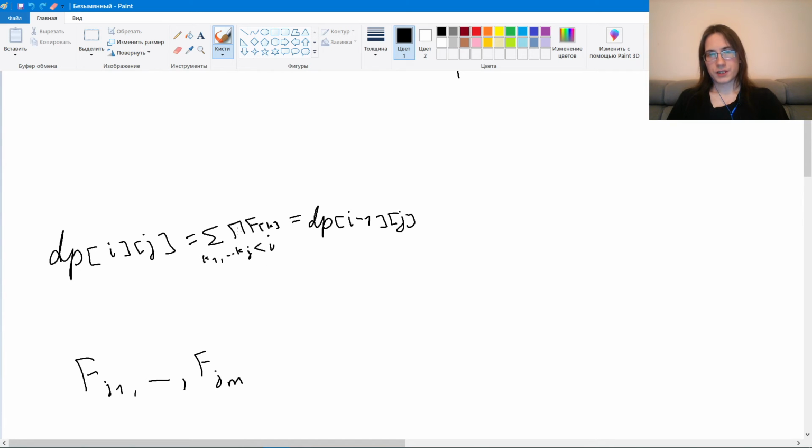But all such products will have a common factor of f i-1. So we can put it outside of the summation.